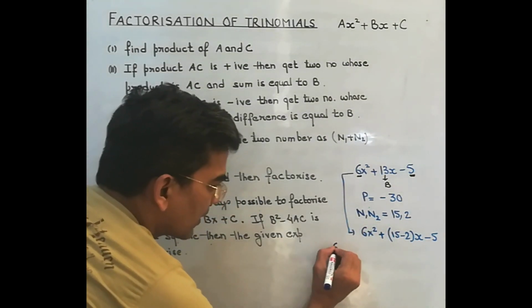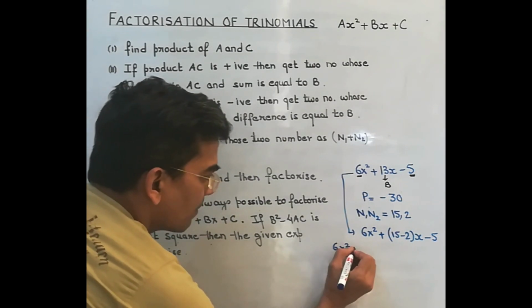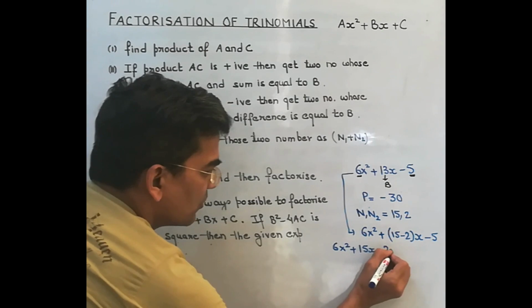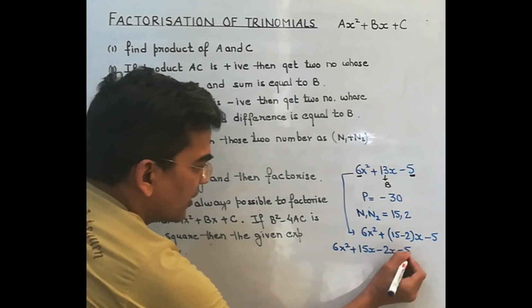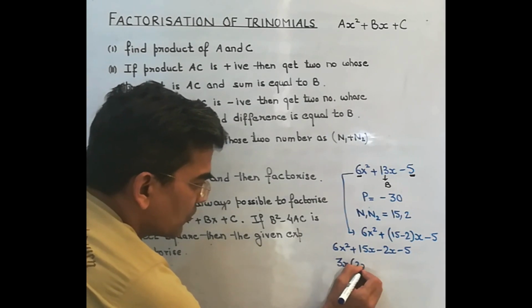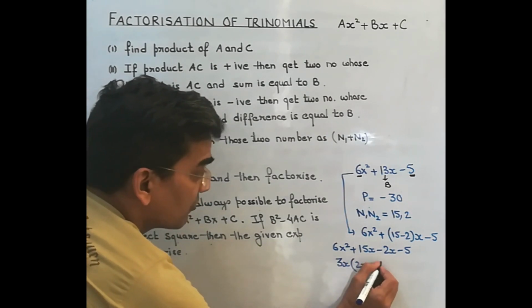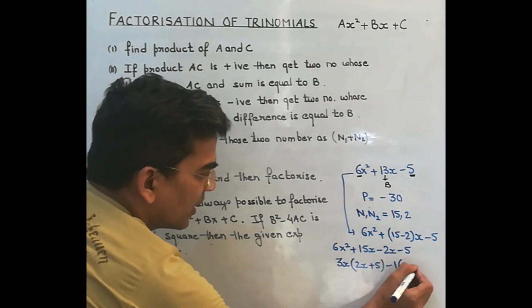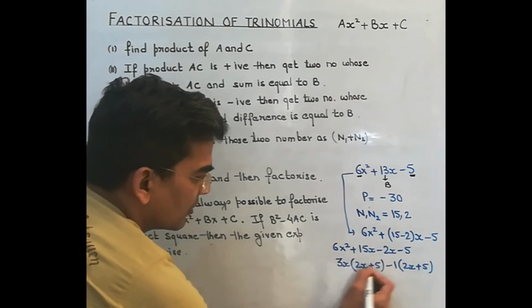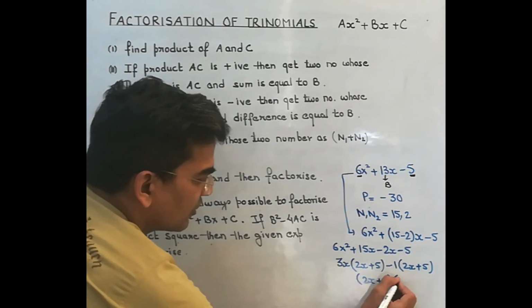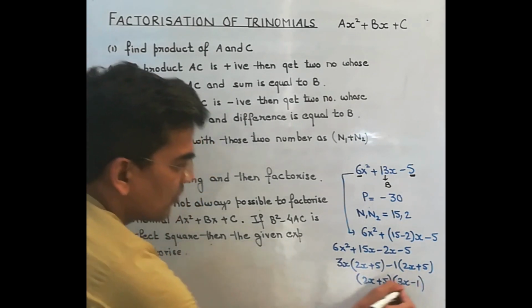So open the bracket: 15x minus 2x minus 5. So here you can take 3x common, so 2x plus 5. And here you can take minus 1 common. So 2x plus 5. So finally you get 2x plus 5 into 3x minus 1.